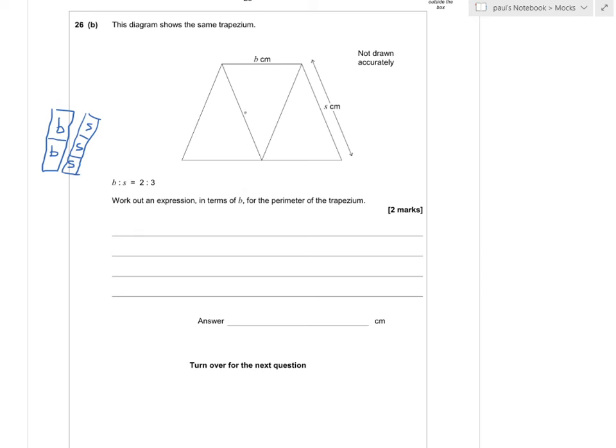Right, so for the perimeter, we've got an S and a B and a B. So let's do it with the S's in first, and then try and work out what the S's are in terms of B.